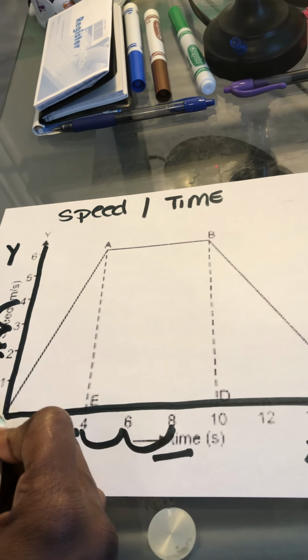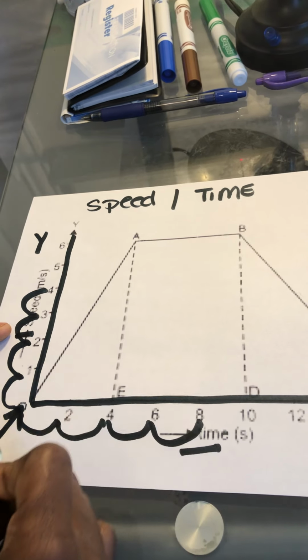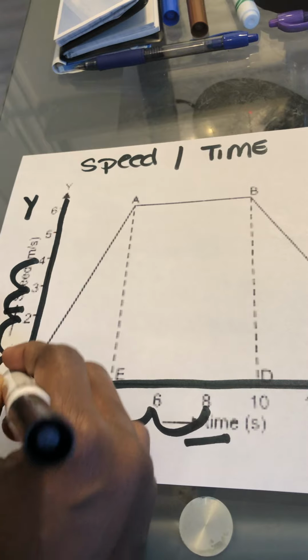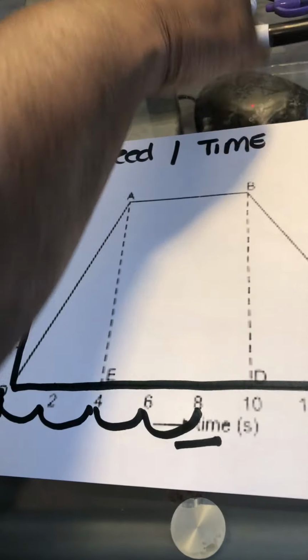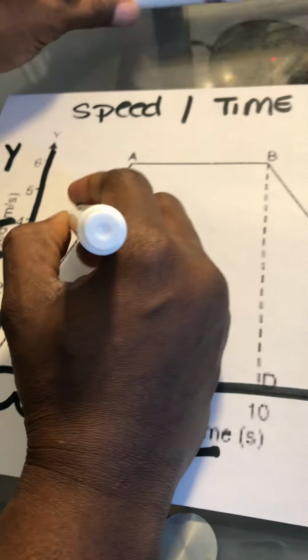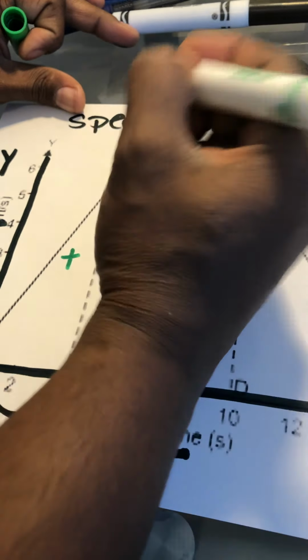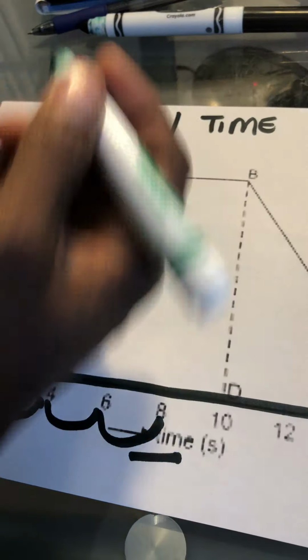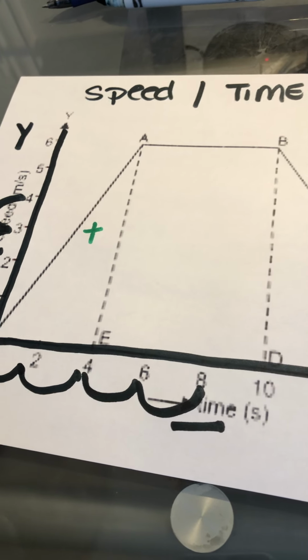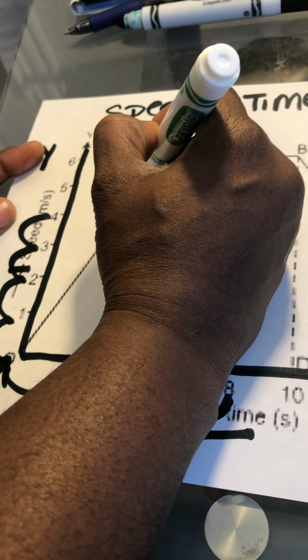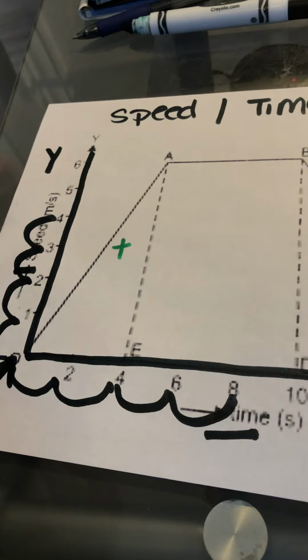So this graph is showing us that from the point of origin, in 4 seconds, the runner's speed accelerated, a positive acceleration, to a speed of about 6 miles. Then at point A, this shows a positive acceleration to 6 miles.